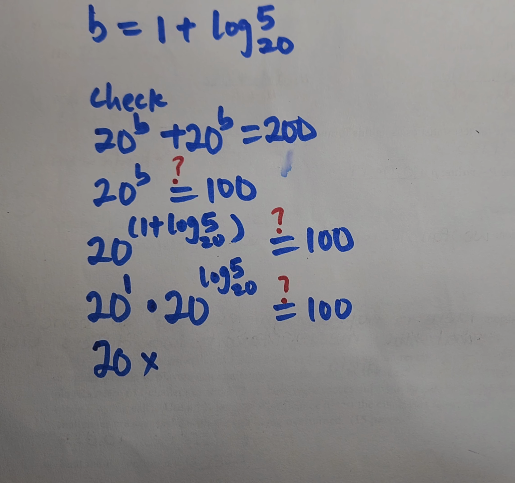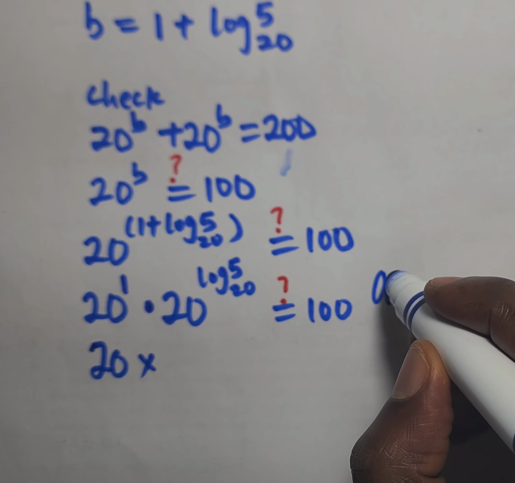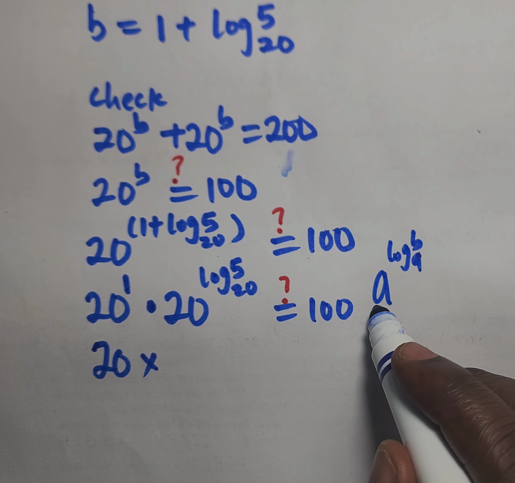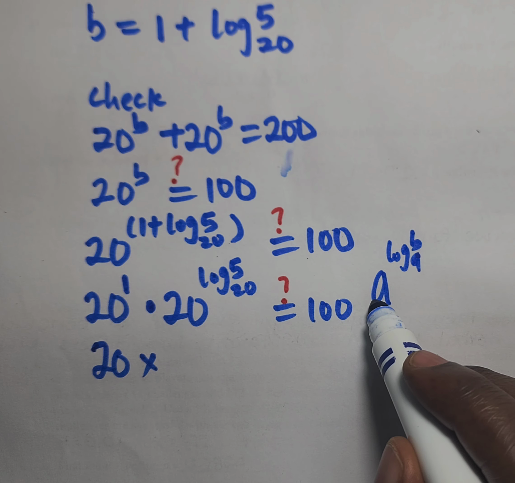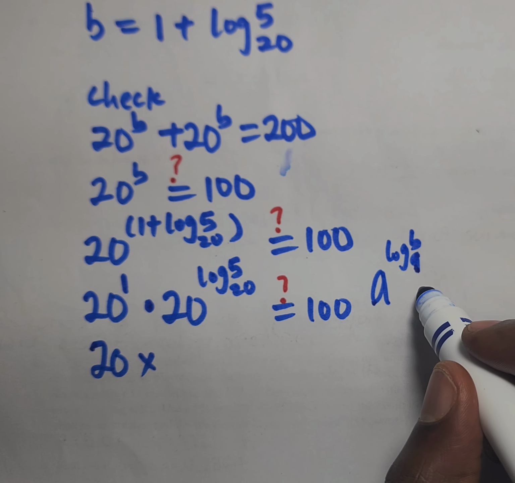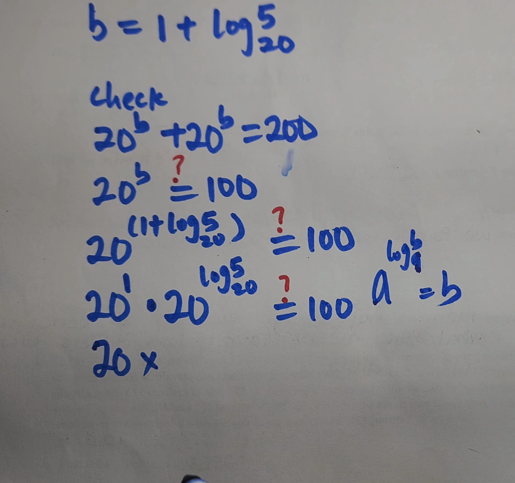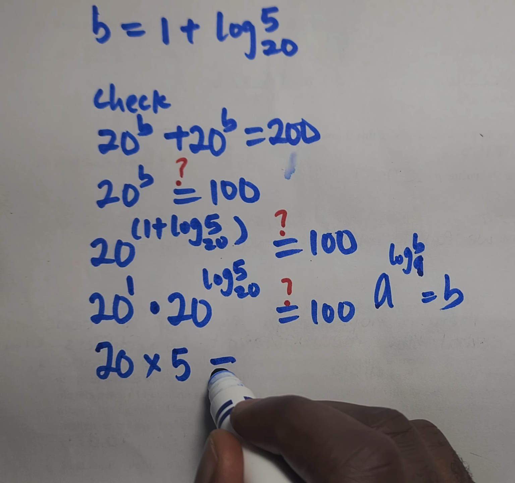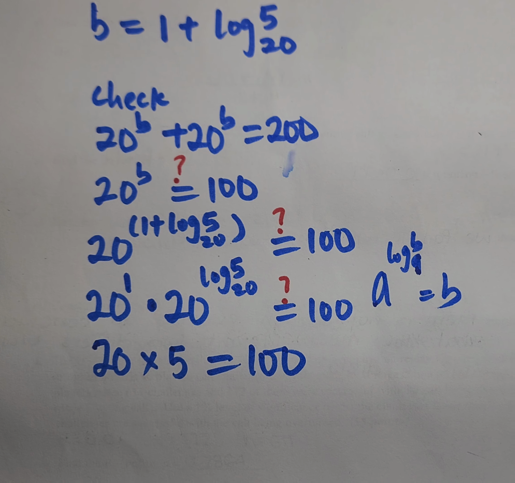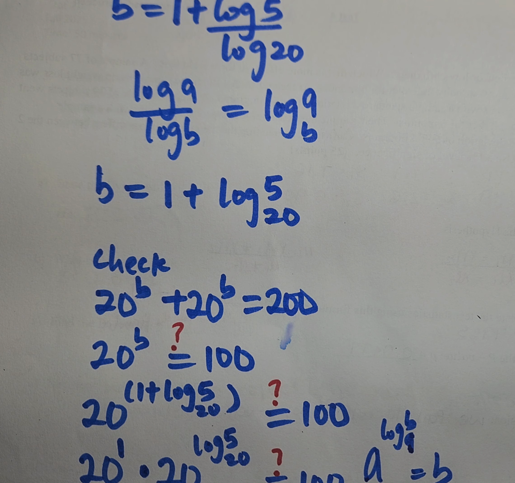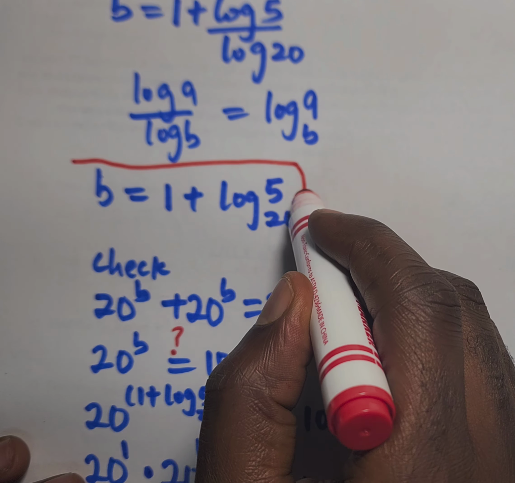There's another rule that says if you have a to the power of log a base b, if the base raised to the power is the same as the base of the log, then the answer is b. So in this case, this equals 5, and actually this is 100. So taking this back, the actual value for b is this.